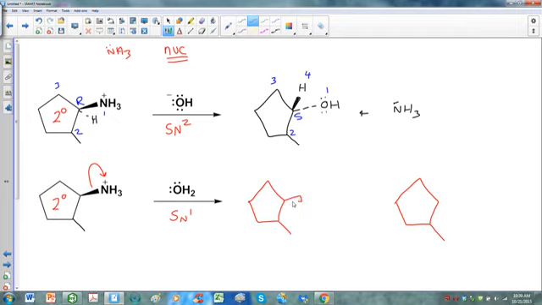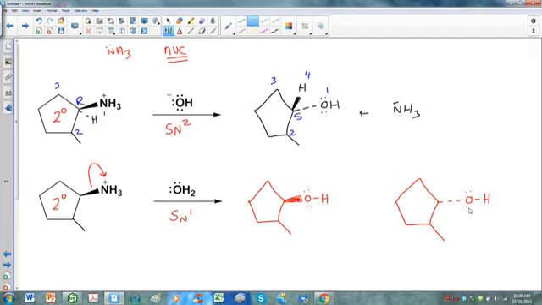There's going to be 1 product where the nucleophile comes in, and I'm showing the product here after our proton transfer. We have 1 product where the nucleophile comes in on the wedge, and then we have the other product where the nucleophile comes in on the dash.